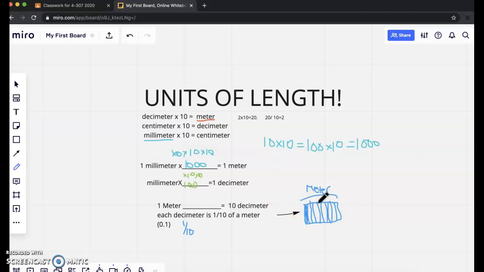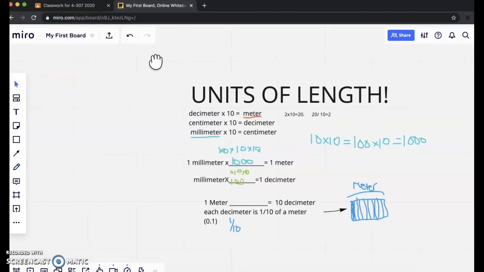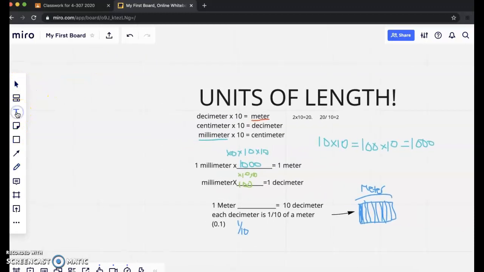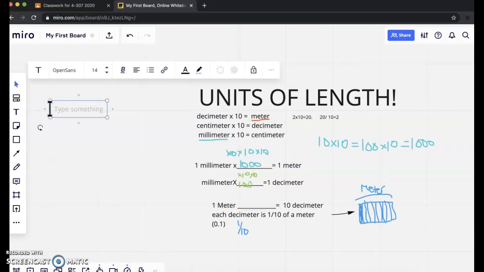Now, we could do another type. Let me move this over a little bit this way. Let's try centimeters. 1 meter is equal to 100 centimeters, right?